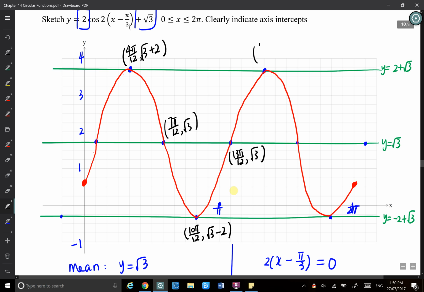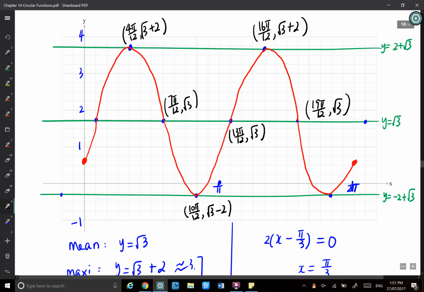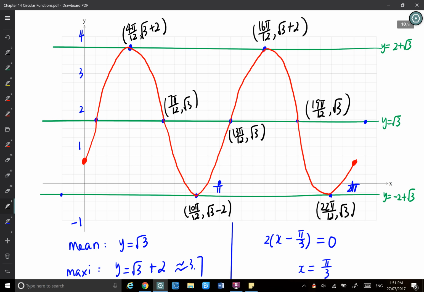Next one will be 16 pi on 12, root 3 plus 2. And you add another 3: 19 pi on 12, root 3. And you add 3, that's 22 pi on 12, root 3. I can't go another 3, it's 25 pi now.